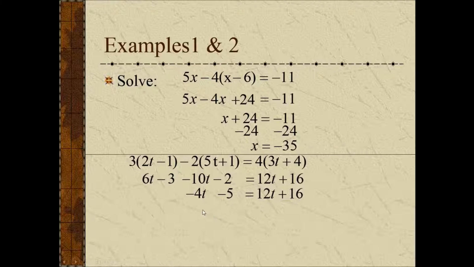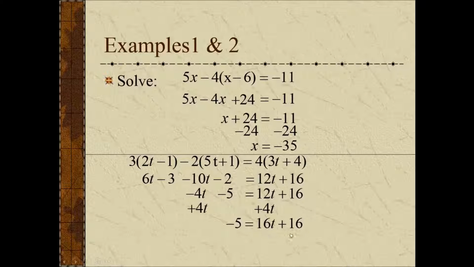I sometimes prefer to get my t's to come out positive. So I'm going to add 4t to both sides. Now I have -5 is equal to 16t plus 16. I would like to get all my numbers on the other side of the equation. I'm going to subtract 16 from both sides.